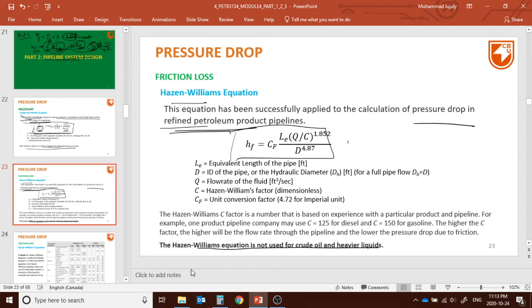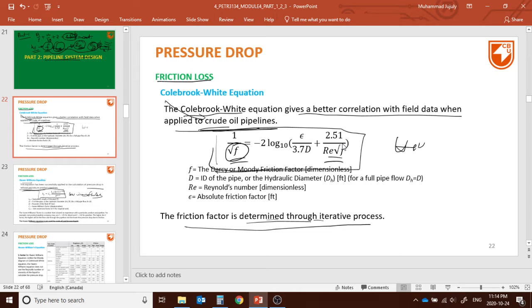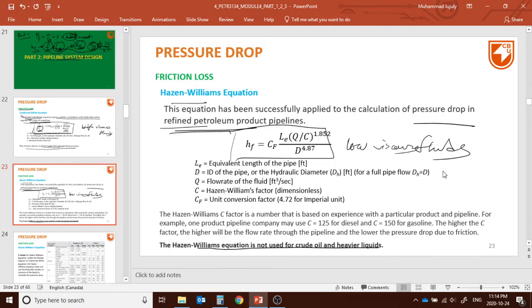This is for low viscous fluids, but the other equation is for high viscous fluids. That's exactly why we use the Hazen-Williams equation for refined petroleum, for instance gasoline, octane, kerosene.